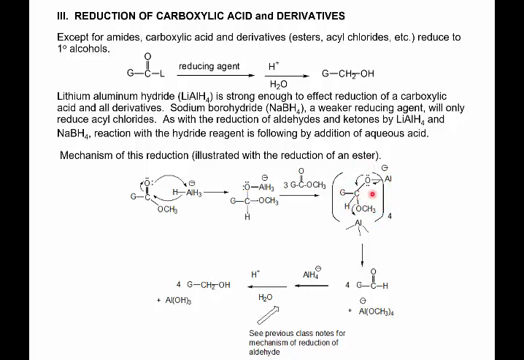Well, the next step is the ejection of the heteroatom leaving group here, the OCH3. Now, sometimes it has trouble doing that. If you used a very nonpolar solvent, it would have a lot of trouble. And what will make this reaction occur often is an aluminum acting as a Lewis acid. It's going to attach to this and help to pull off the O carbon group here. All right.